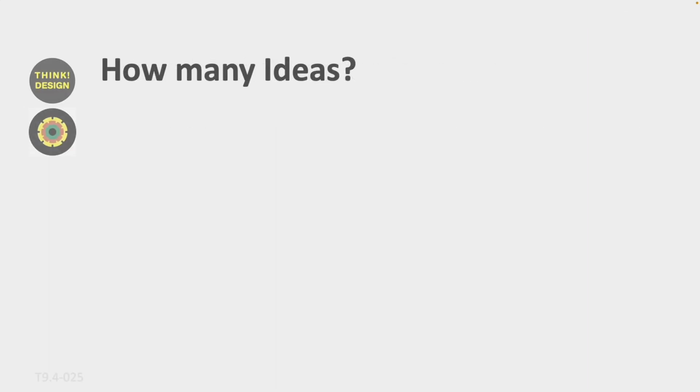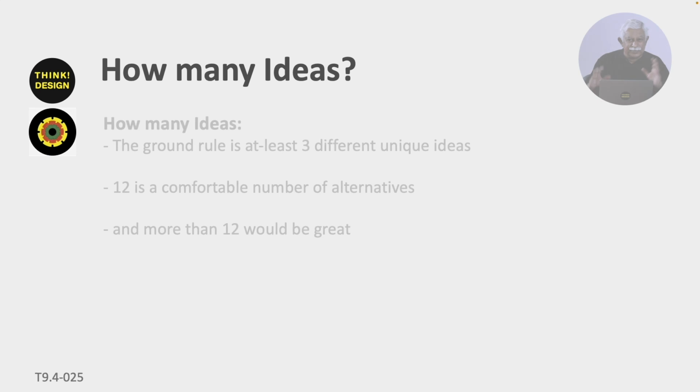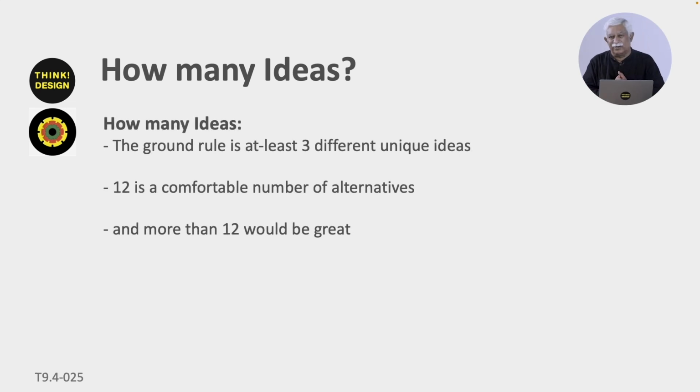So let's come to this question, how many ideas? What is the number? Okay, so the ground rule is that at least come out with 3 different unique ideas. One is not good enough because it will be the same idea. Two is maybe an improvement on the first idea, but three means you have a little more flexibility.